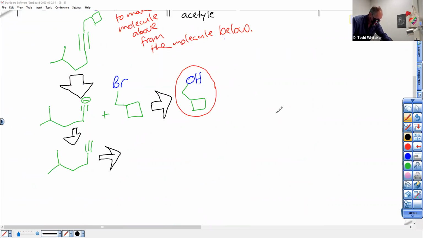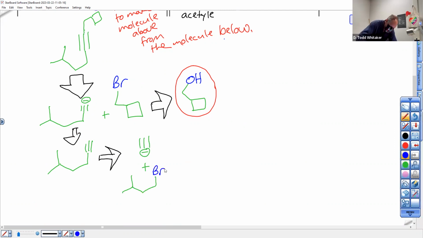Okay. C-triple-C minus plus 5 carbons with a halogen. We're almost finished. This is not acetylene. This is not an alcohol, but you're almost done. 2 more red circles coming.